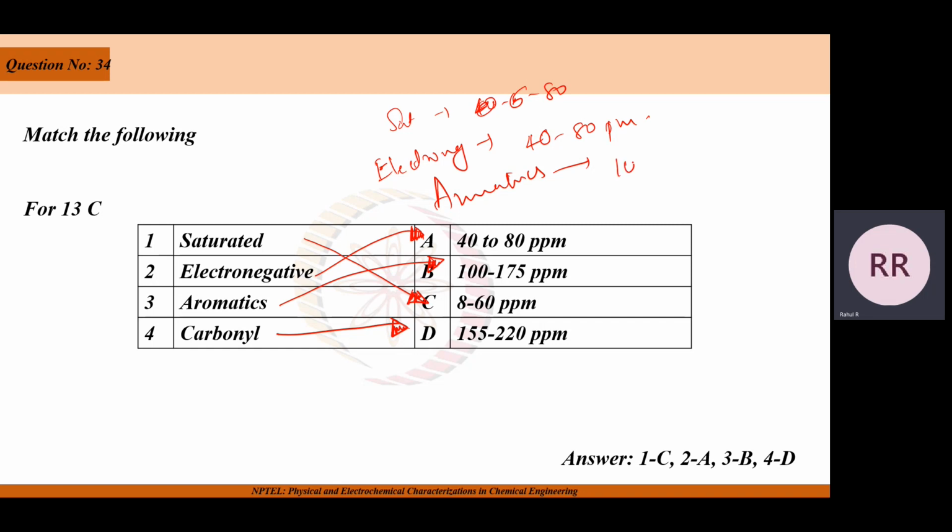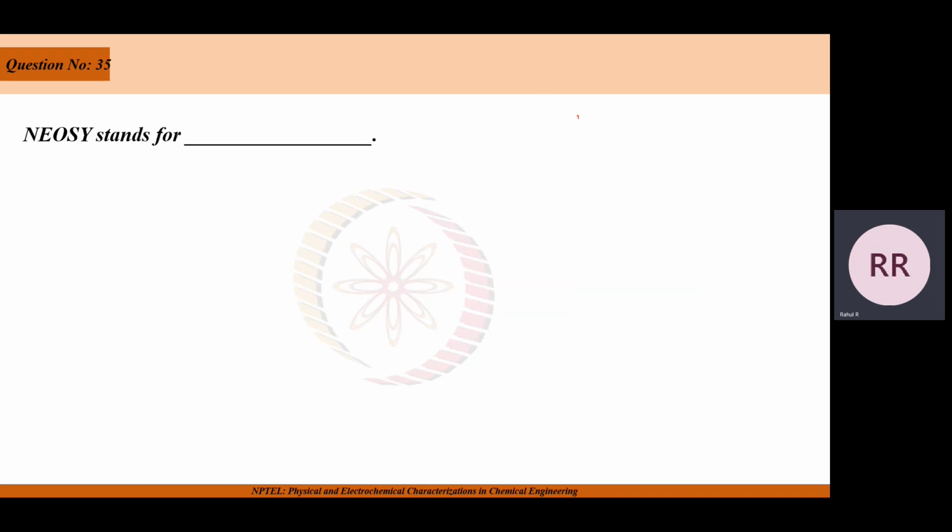Aromatics actually correspond to 100 to 175 ppm, and carbonyl groups actually represent 155 to 220 parts per million. I hope you guys were able to answer the question. Now let us go to the next.